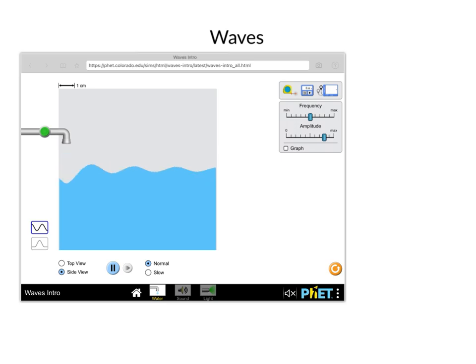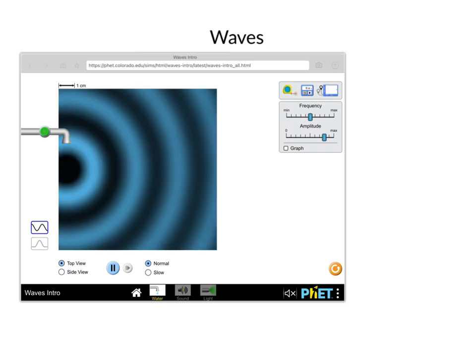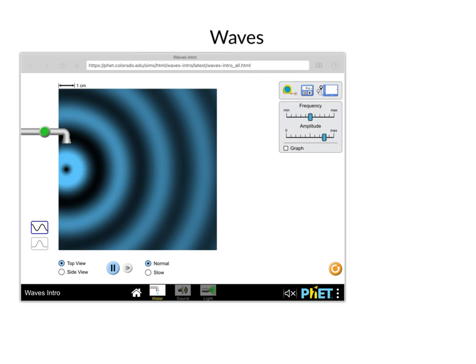You can see this wave pattern, this repeating up and down undulation of the smooth water surface, is what we call a wave. You're familiar with this if you've ever been to the ocean or if you've ever dropped pebbles into a smooth pond. If we look at this instead from the top, each drip sends out a circular wave pattern if we're looking down on the top of that smooth body of water.